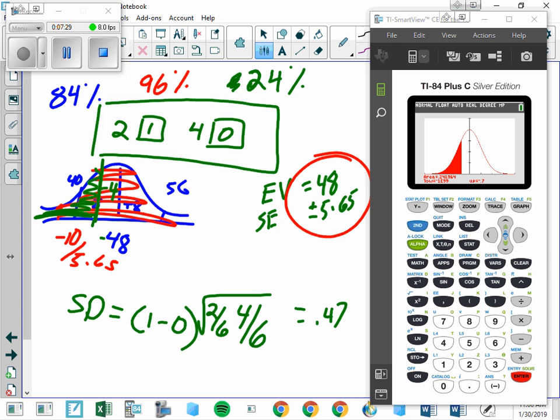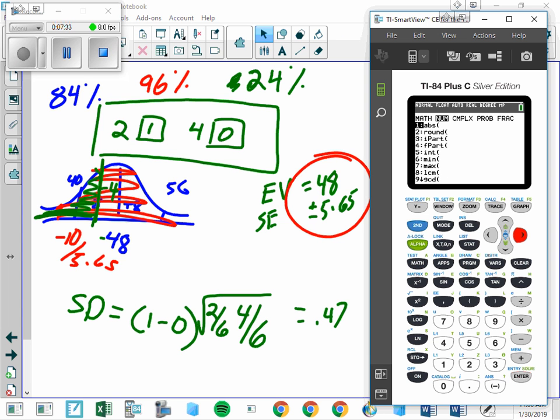And the way we do that is go into math and over to probability, and then we do the random normal curve generator, and we plug in our average, but in this case it's the expected value of 48, comma, we plug in the SE, which is 5.65, and then we tell it how many times we want to play this game.